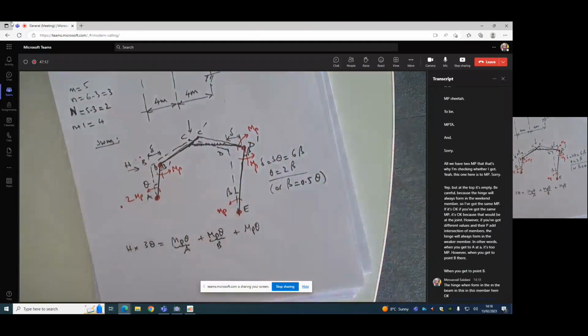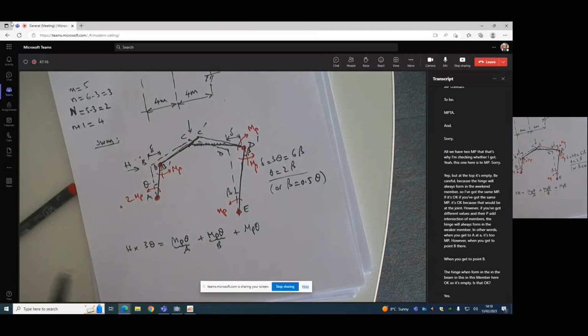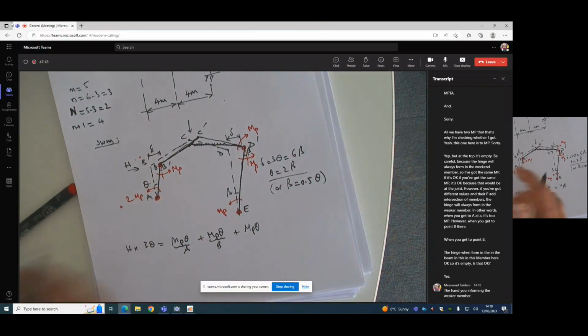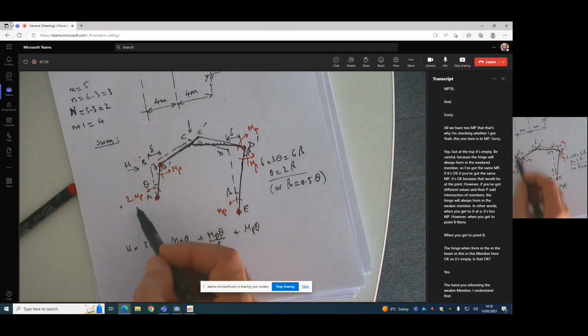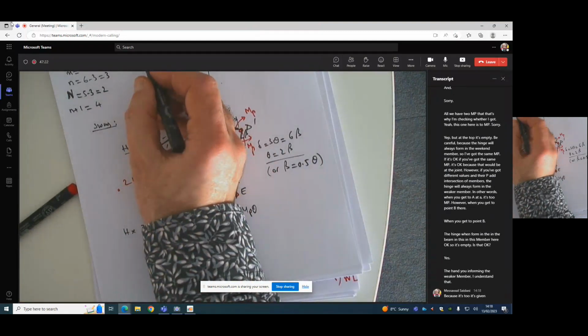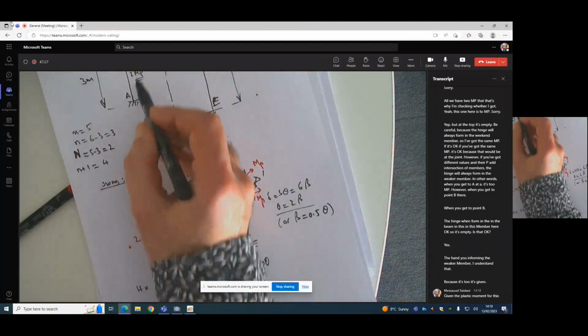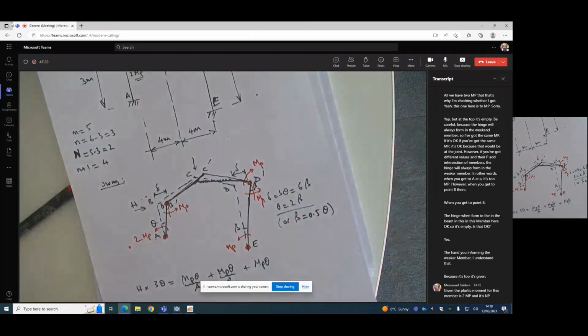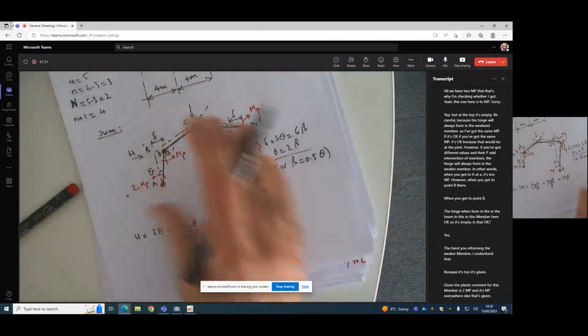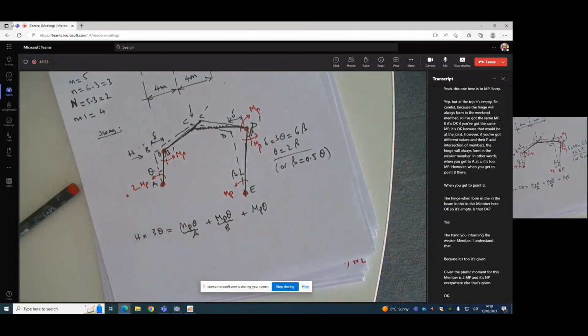Okay, so it's MP. Is that okay? Yes. The hinge will form in the weaker member. I understand that. 2 MP, because it's given. Given the plastic moment for this member is 2 MP, and it's MP everywhere else. That's given. Okay. Can you write the external work, internal work?